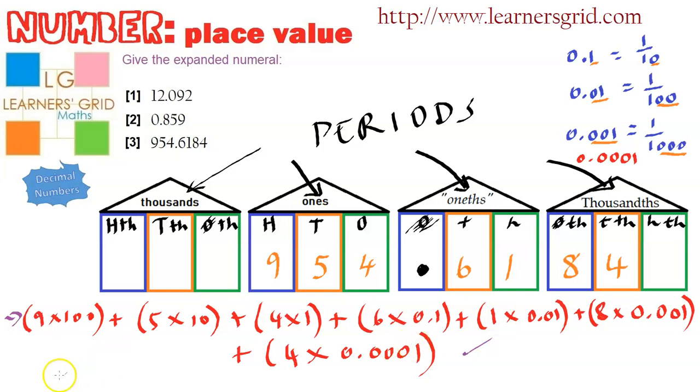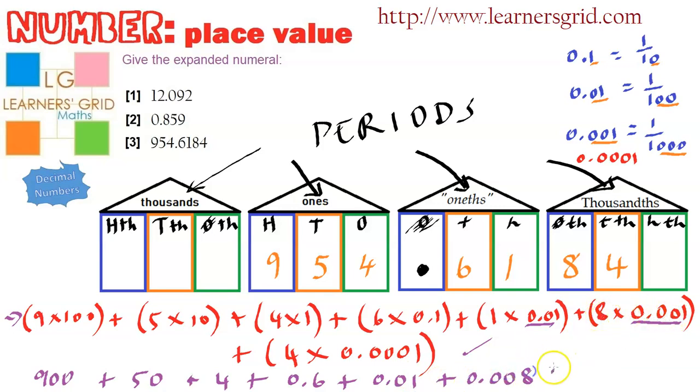And now I want to try and squeeze in down the bottom here the more compact expanded version, if you like. So 900 plus 5 times 10 is 50, plus 4 times 1 is 4, plus it'll be 0 point, and then 6 times 1 is 6, plus 0.0, and then 1 times 1 is 1, plus it'll be 0.00, and then 8 times 1 is 8, plus 0.000, and then 4 times 1 is 4.